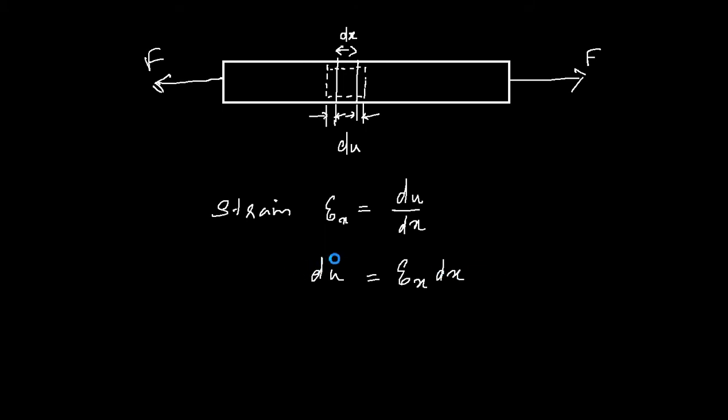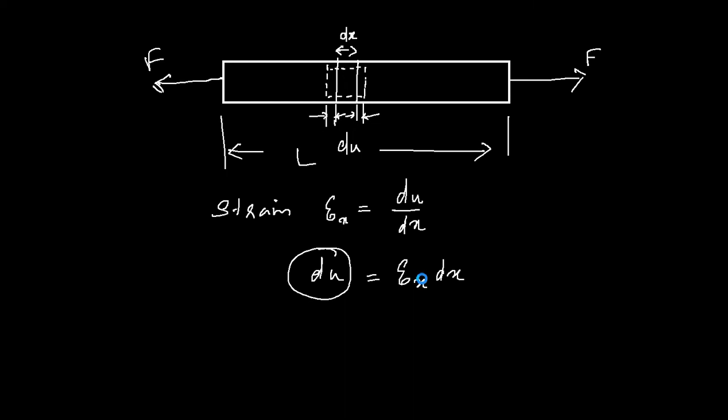So this is the change in length or increase in the length. Now if the length of the whole bar is say L, then if you integrate this over the entire length of the bar, you can calculate the total deformation of the bar under the applied load.